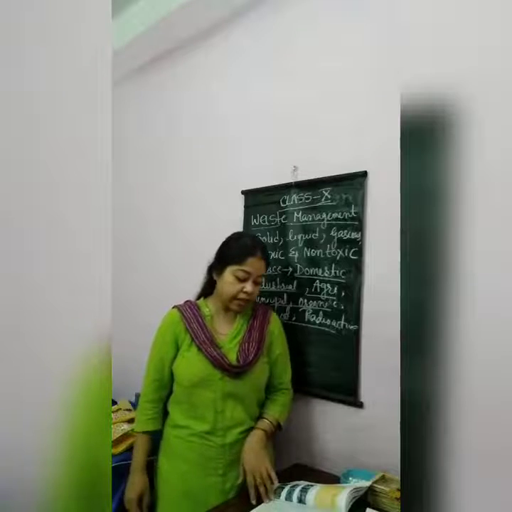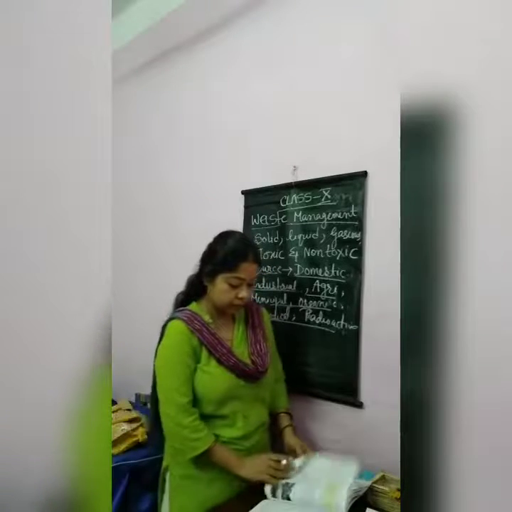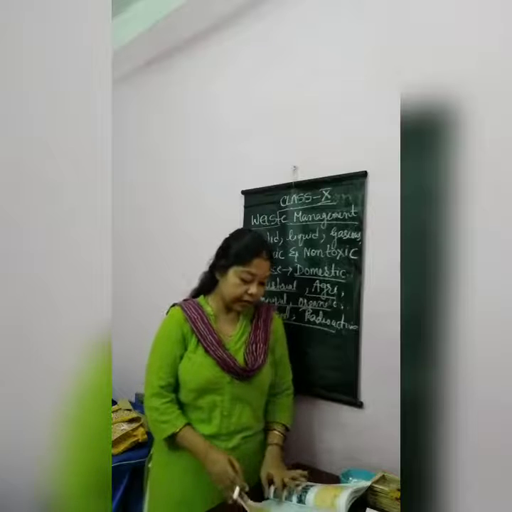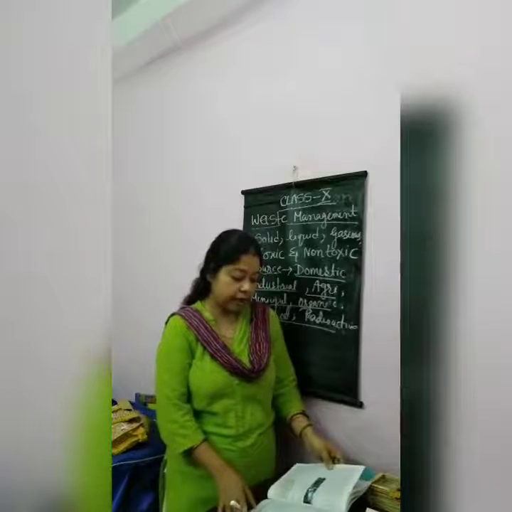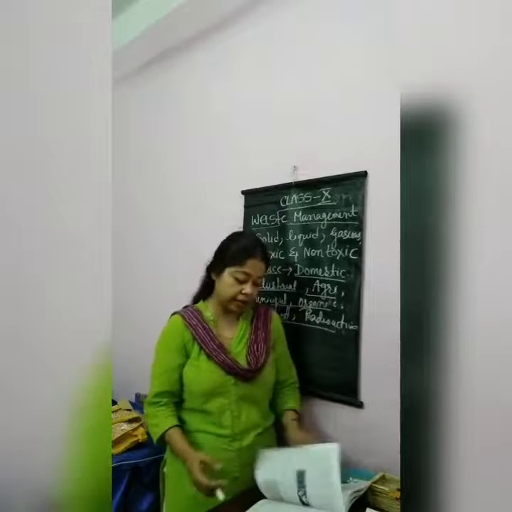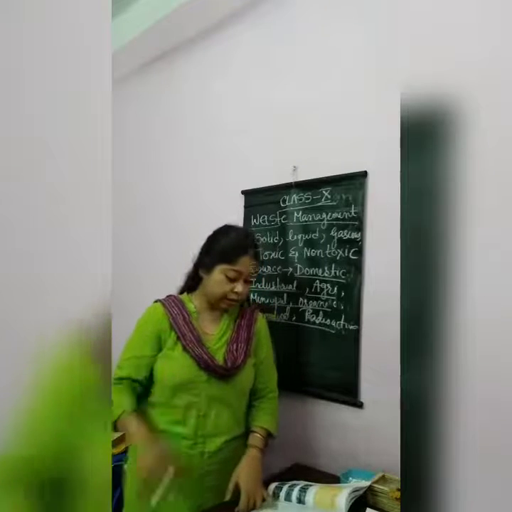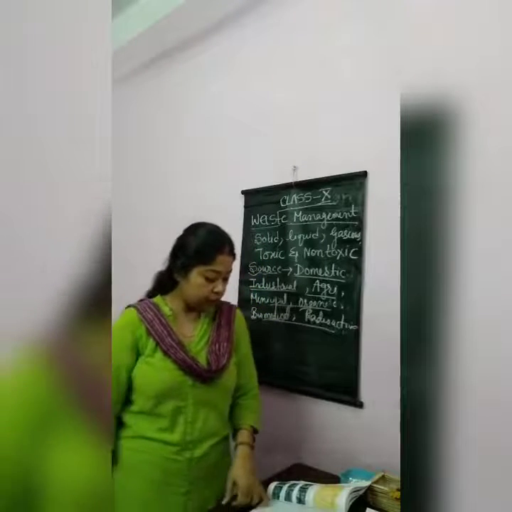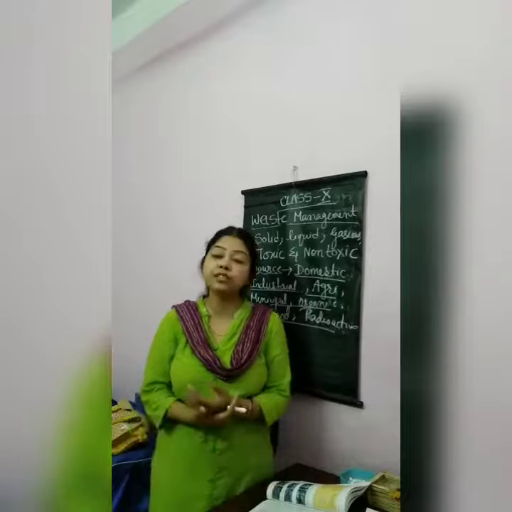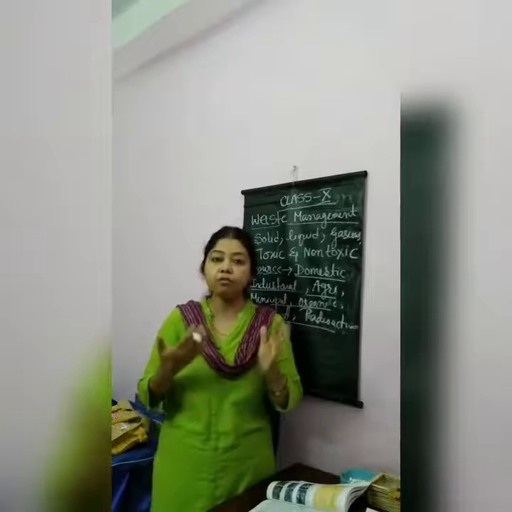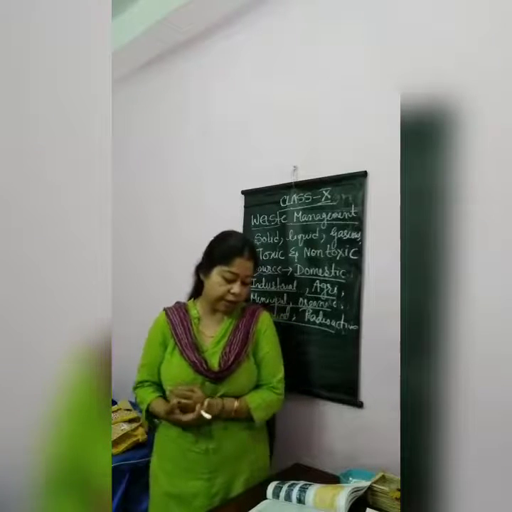Okay. Now next part, this part we will read now, and in the next video I will continue the next part. So first, what are the effects of waste on the environment? How does waste affect the environment?